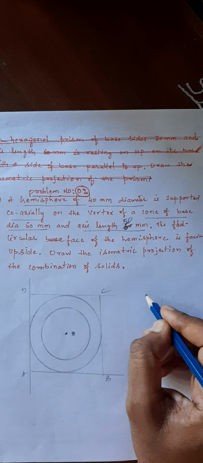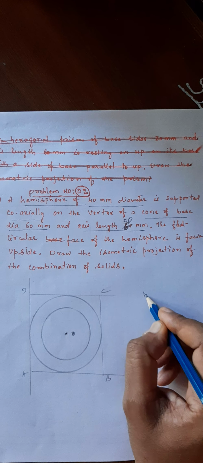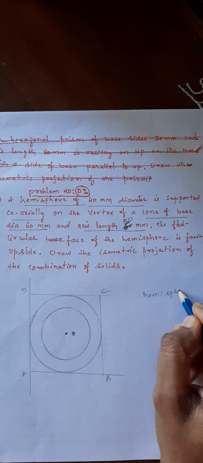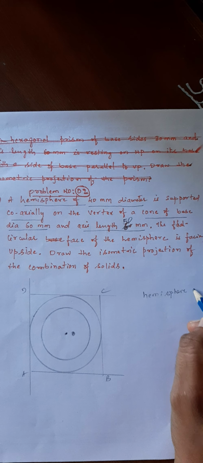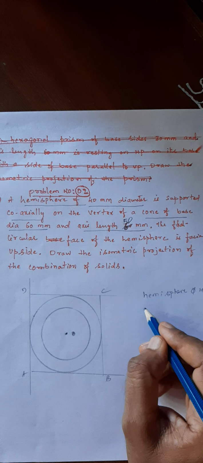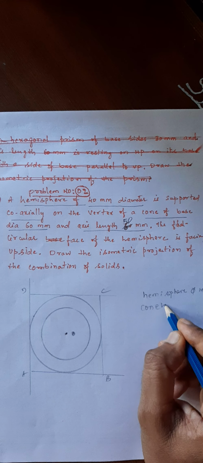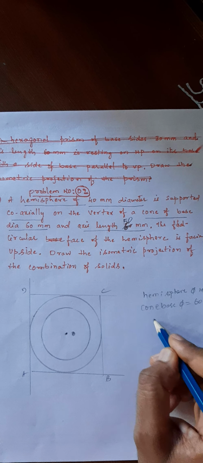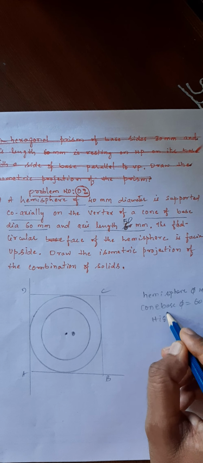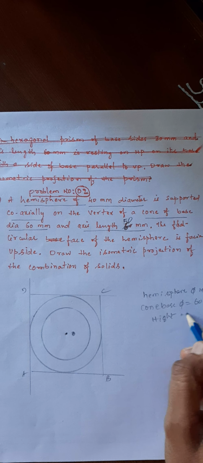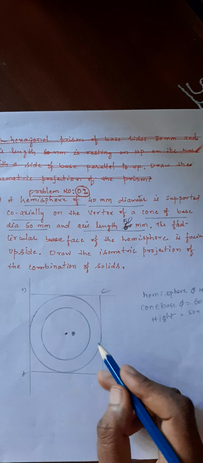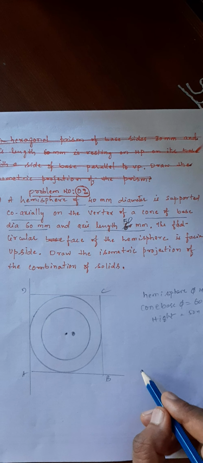Now see, hemisphere diameter 40 mm, cone base diameter 60 mm, height 50 mm. Approximately, you see here, the isometric projection of the circle looks like an ellipse like this.